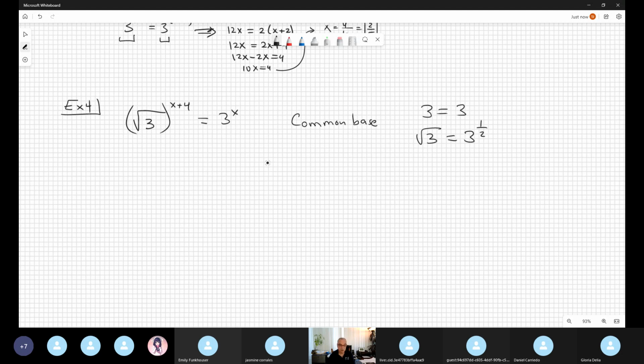Okay, Anika says yes. So now replace. I put it using a radical normally, however I know the equivalence between fractional exponent and radical. This is x plus 4. Here is 3 to the x.